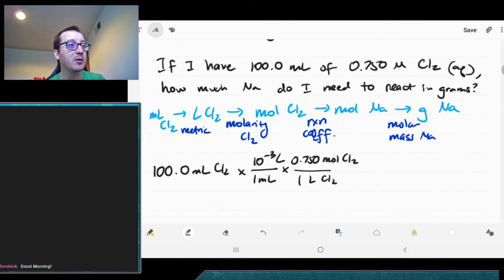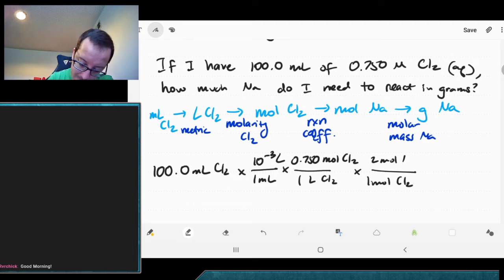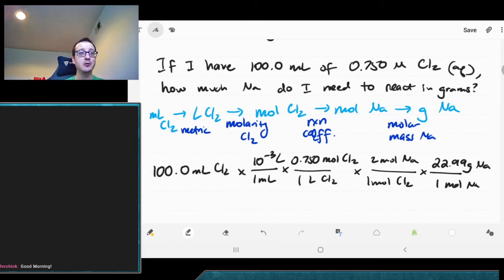That's what molarity means, moles per liter. We have our reaction coefficients. And then our last one, according to our plan, is we're going to use the molar mass of sodium, which was 22.99 grams for 1 mole. And I always like to make sure that I write the substance as well, so that I know exactly what things I'm working with at each time.